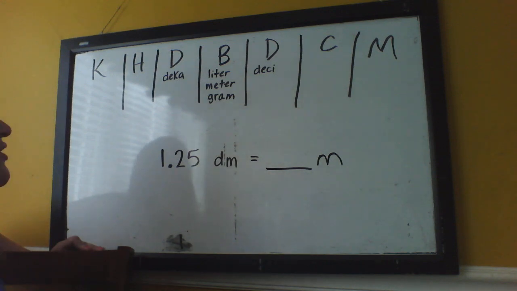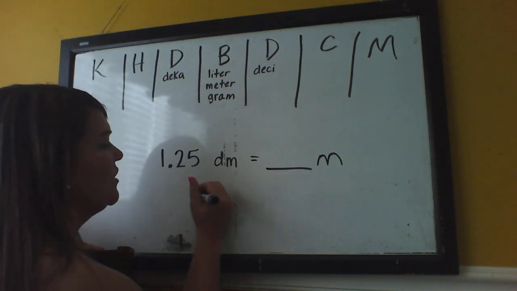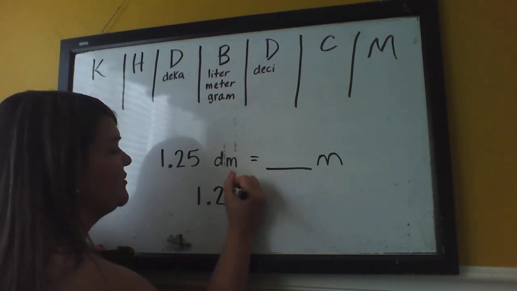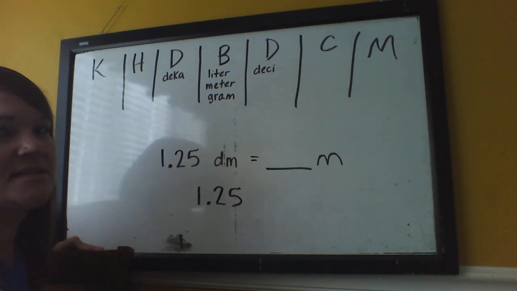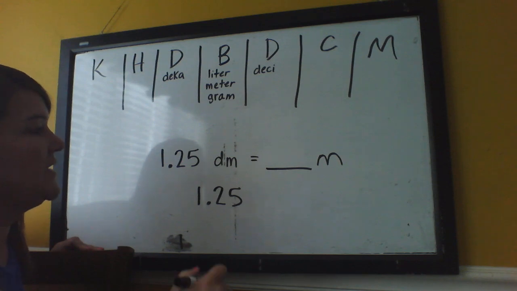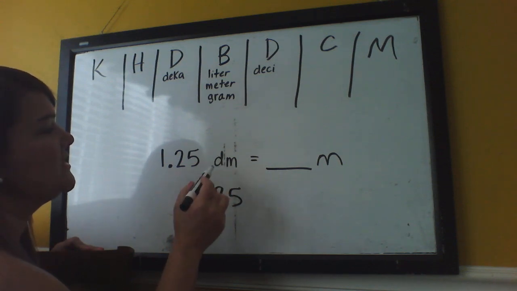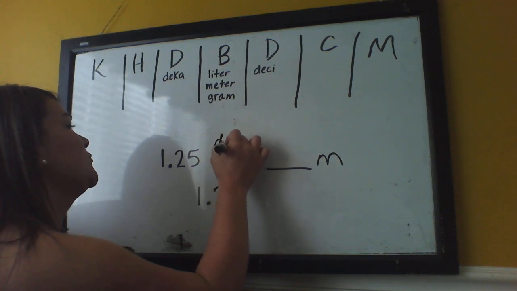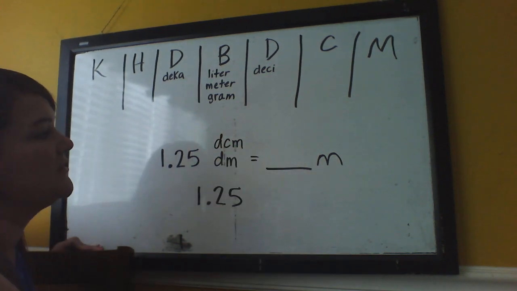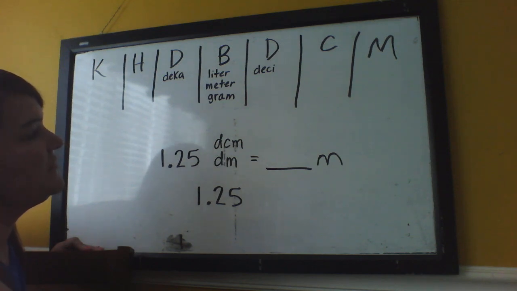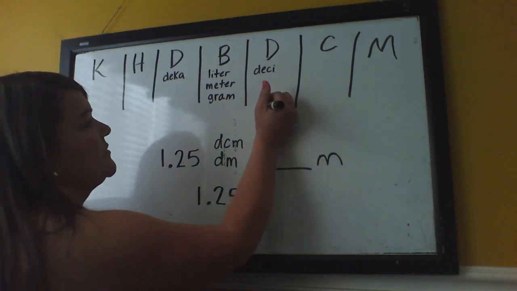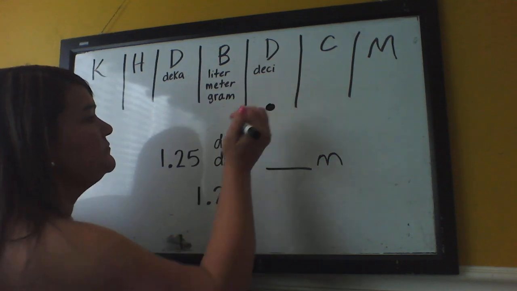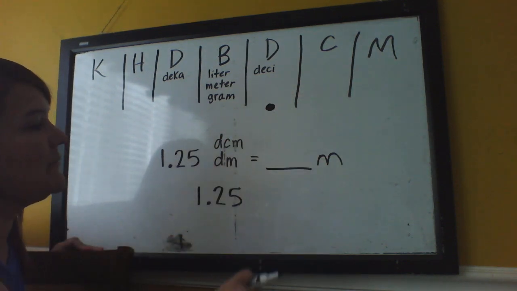Okay, so I start with my number 1 and 25 hundredths, and since this number already has a decimal in it, you don't need to worry about putting one. Okay, so now I'm going to go to decimeter. Okay, decimeter a lot of times is written with a C so that you can tell the difference between deci and deca. But if I start at decimeter, I'm going to put a dot right here, and then I ask myself, where am I moving to?